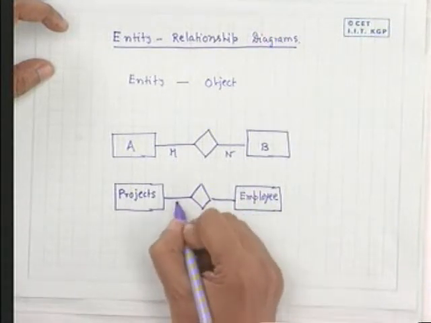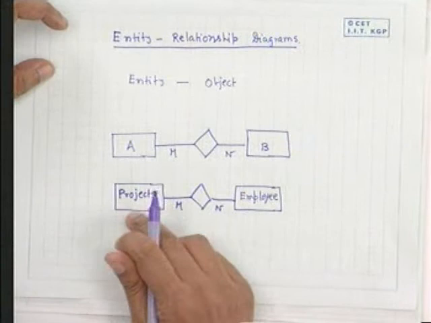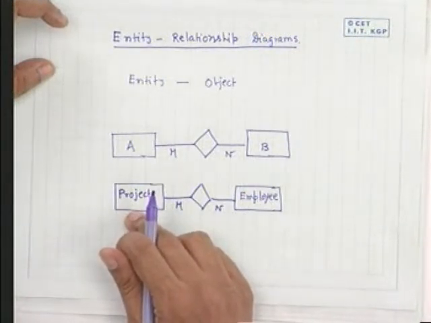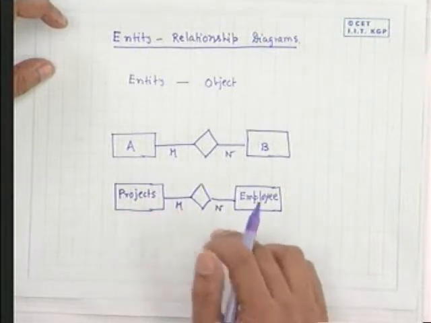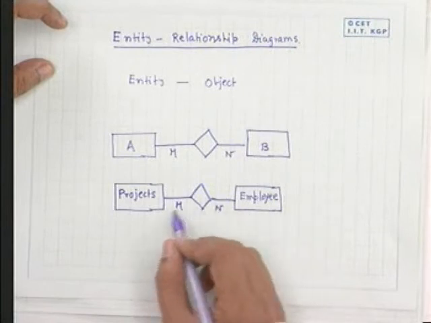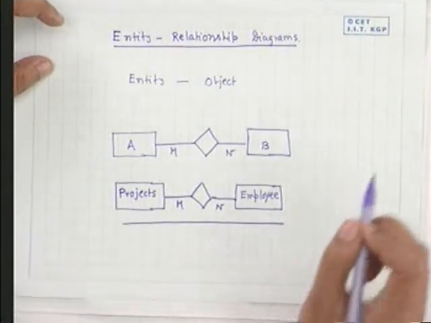Why? A particular employee may be associated with more than one project, and in a project more than one employee can work. So therefore it is neither 1:1 nor 1:n, and rather we call it an m:n relationship.